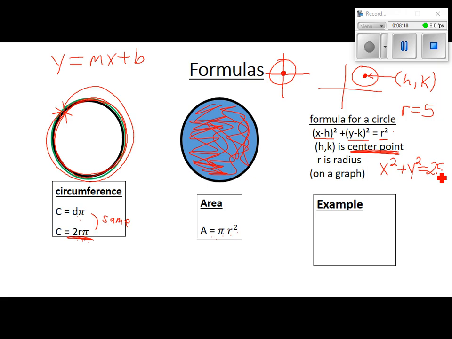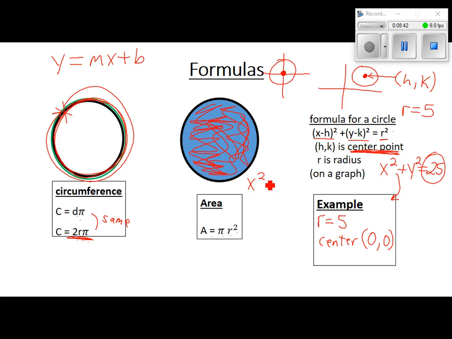If we have that equation, that tells us that the radius is the square root of that number, so the radius would be 5 in this case. And the center of the circle would be 0, 0.